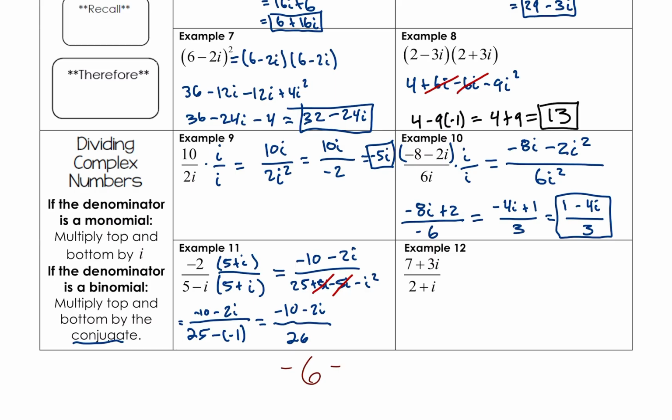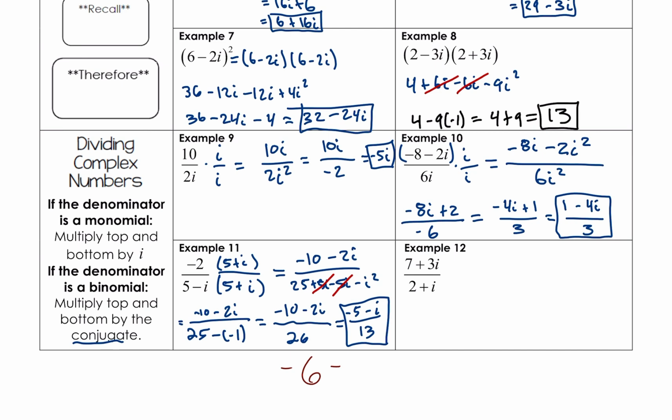And now my last step, all of these are divisible by 2. So I'll have a -5 minus i over 13. Okay, so I have no i on the bottom, which is what I was looking for.